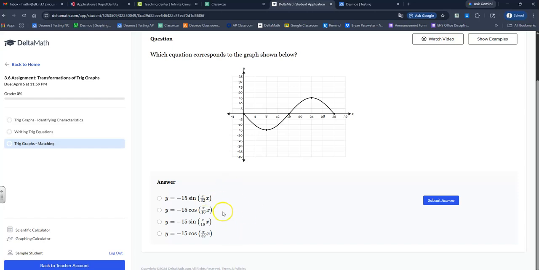Here, this one actually might be easier than the middle one, if you want to try it first. So when I'm looking at this, I can see they all have the same amplitude. Which one of these is going to be sine? They're all flipped, right? They all have negatives. Is this sine flipped or cosine flipped? This is sine flipped. So it's one of these two. And then what's the period for this graph?